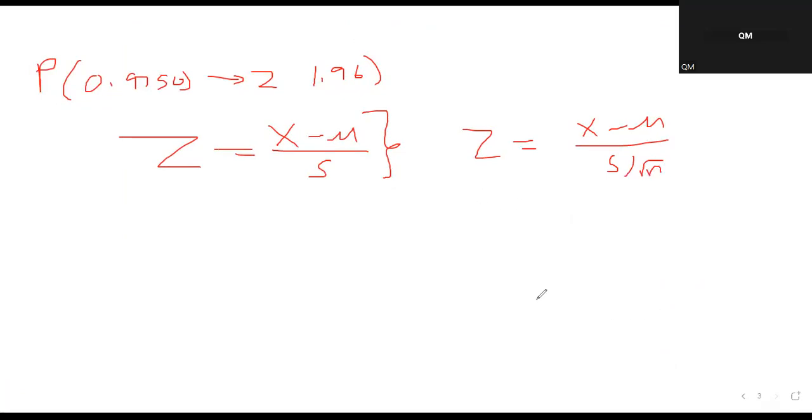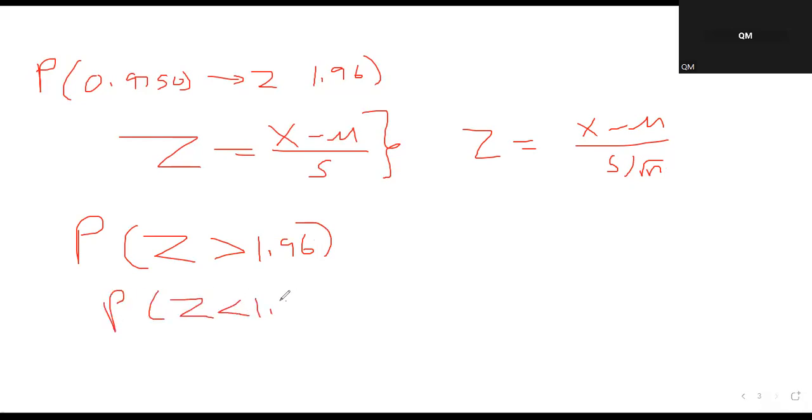Now, let's go to our grade 1. When we say, for instance, Z is greater than 1.96, and we say Z is less than 1.96, we are basically looking at shading signs. So 1.96 is here.